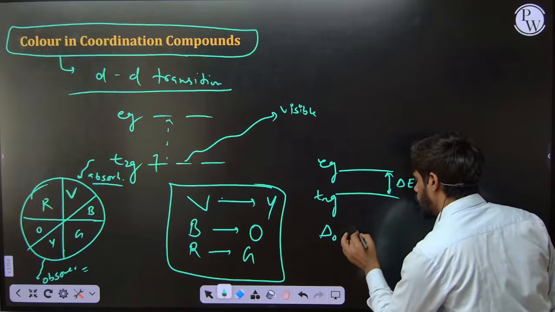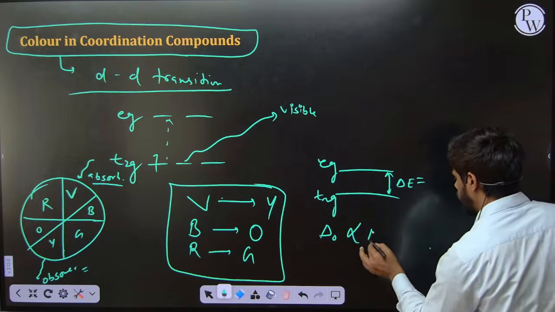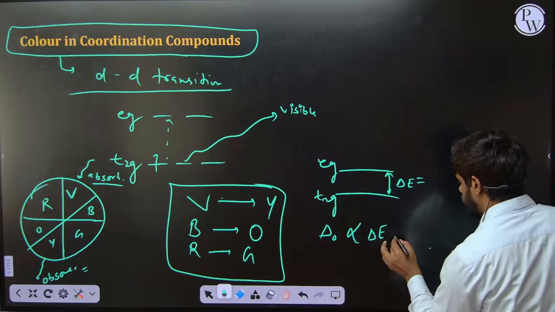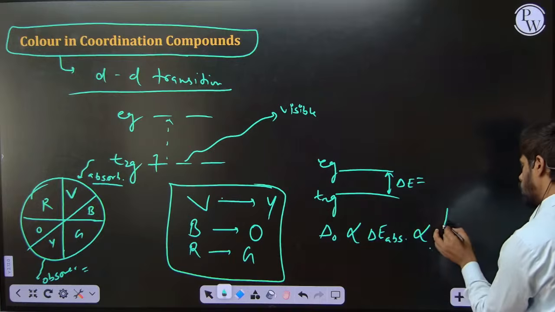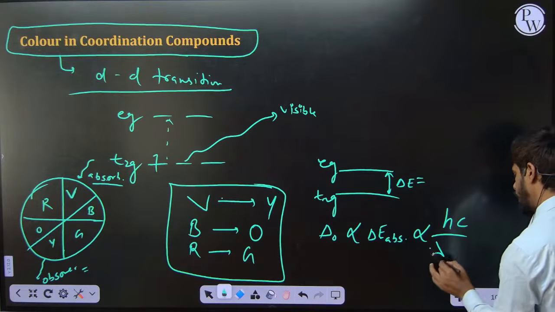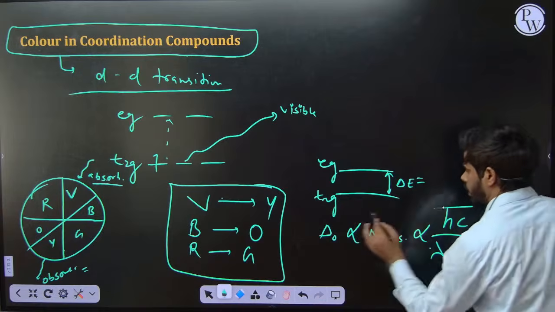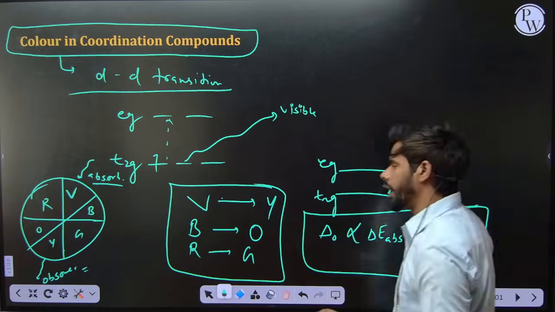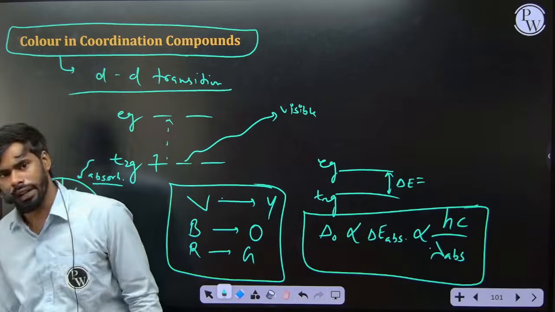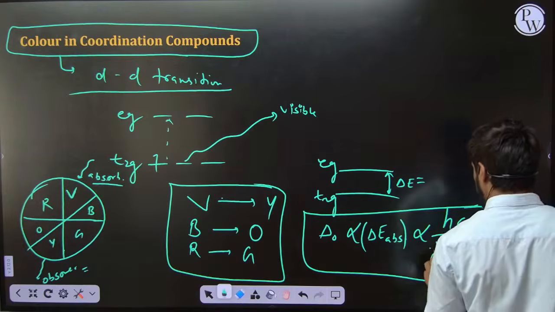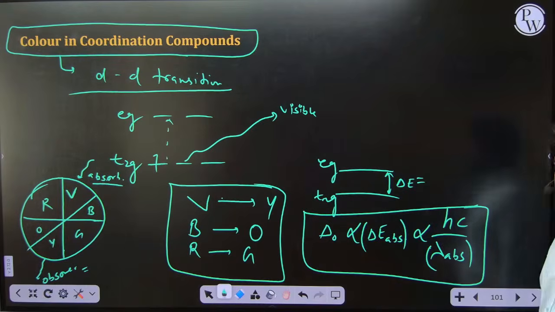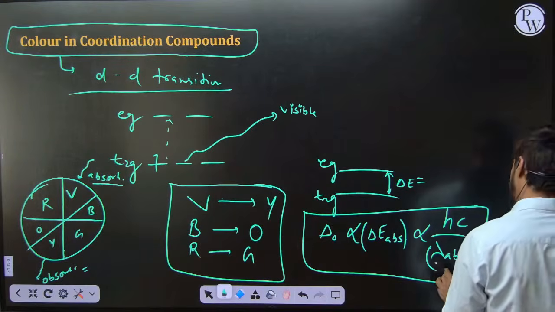Delta O is directly proportional to delta E, and delta E is the absorbed energy, which is also related to lambda absorbed. If delta O, the octahedral splitting, is more, the absorbed energy is more and lambda absorbed is less.